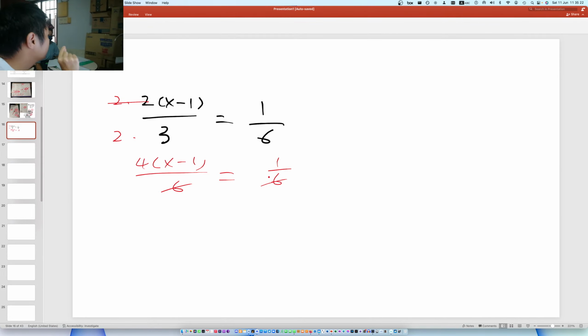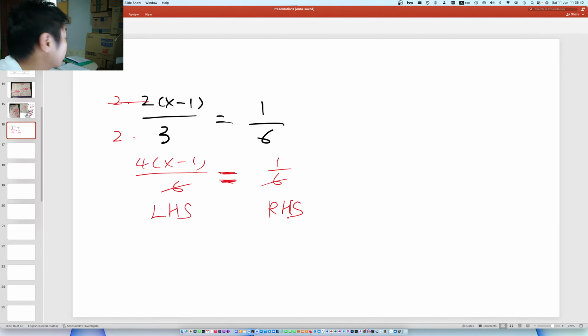So the key statement is delete the denominator on both sides. When I say both sides, what does that mean? This is your equal sign. This is called the left hand side. This is called the right hand side. Short form. So you delete the 6 on both sides.